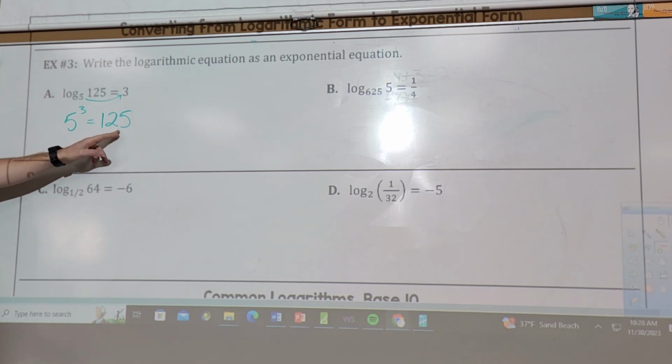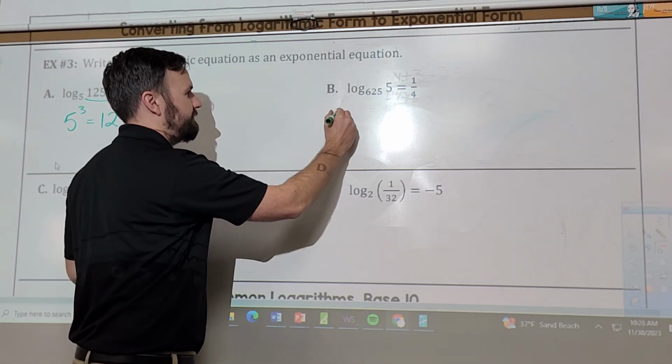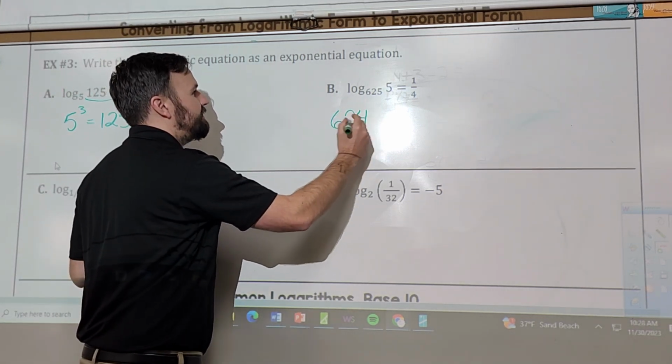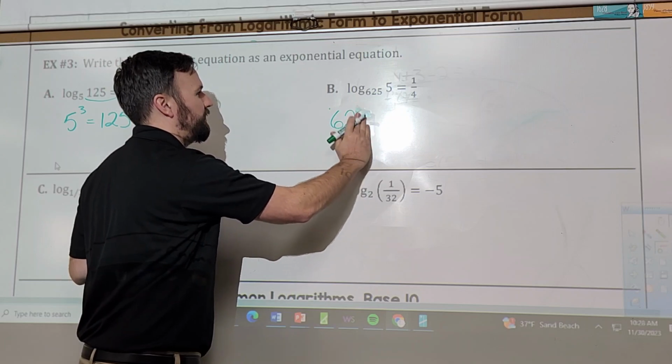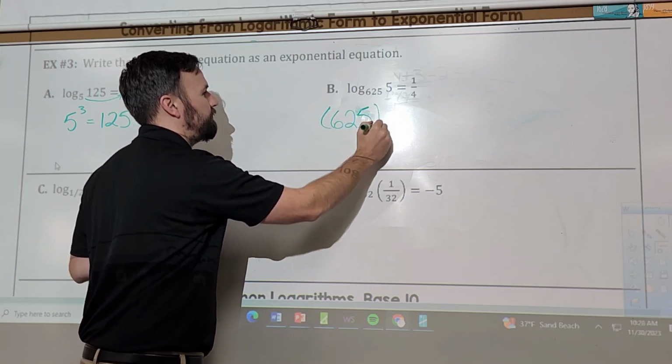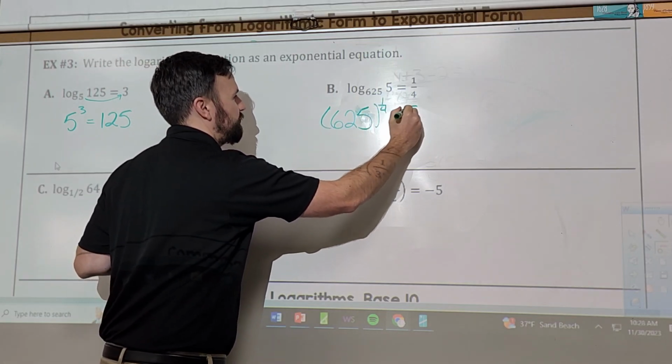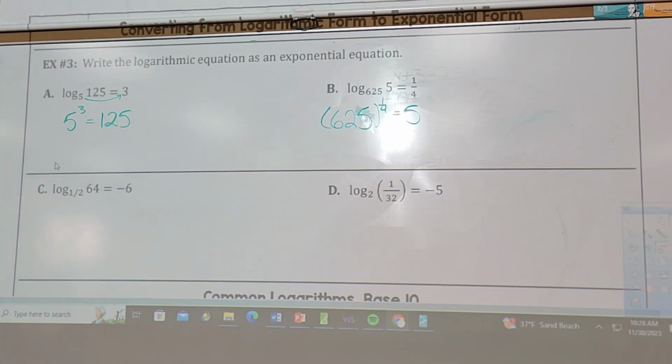No, 125 to the 1 over 3 equals 5. And 625 to the 1/4 equals 5, because that's taking the quartic root.